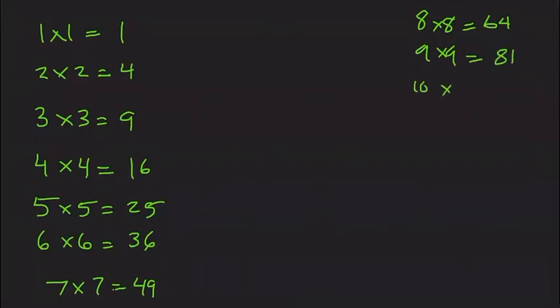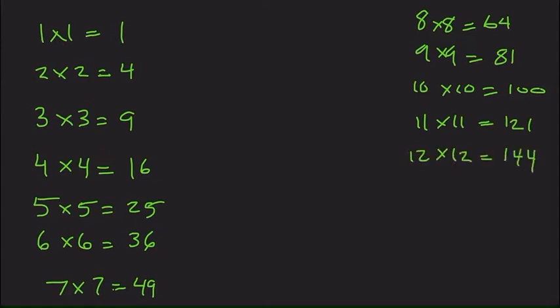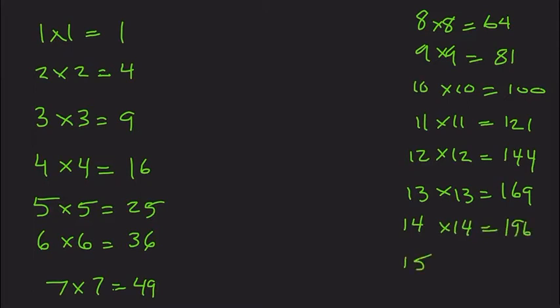Just go through these. Maybe you already know some of these and you just want to write down the higher ones that you might not know. But it doesn't hurt to have all of them written down.